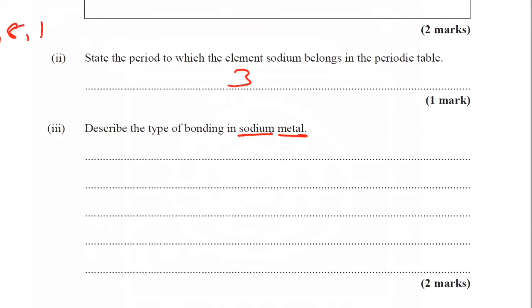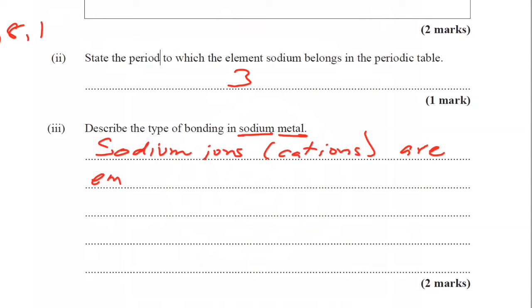We would have sodium ions, also known as cations. They're positive ions or they're positively charged cations. And so these cations or these sodium ions are embedded. Keyword there, embedded. Some students will say stuck.